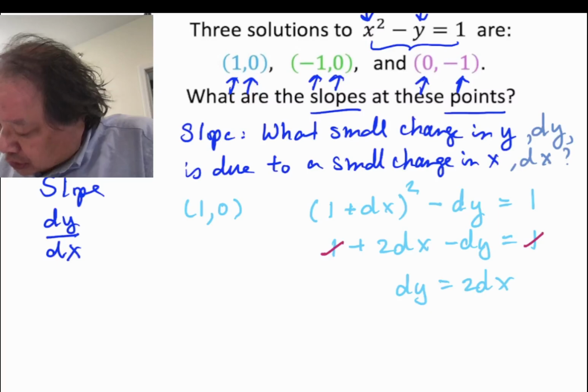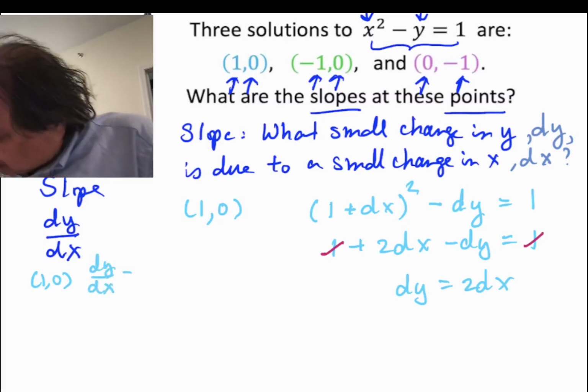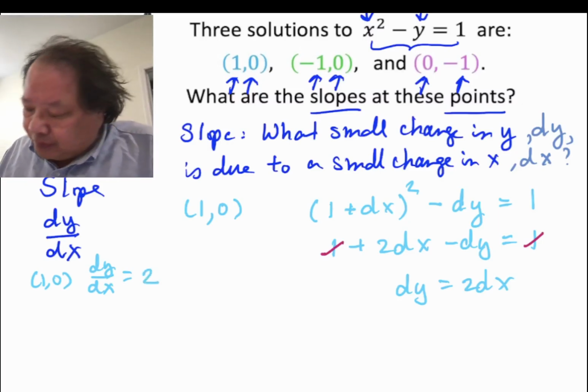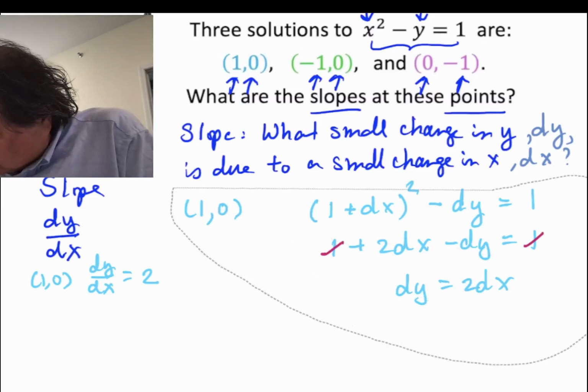And since we're interested in the slope, at 1, 0, dy/dx equals 2. So that's the solution at the first point. We can now go on to the second point.